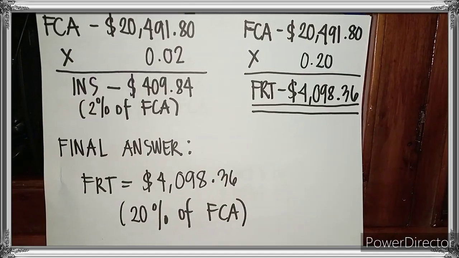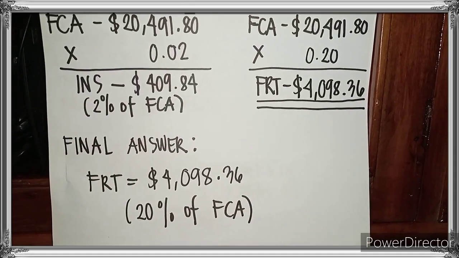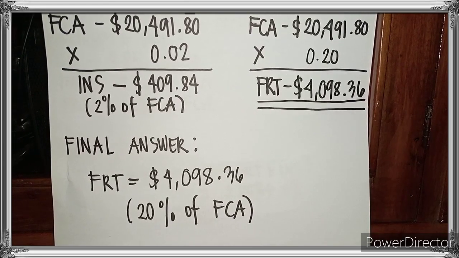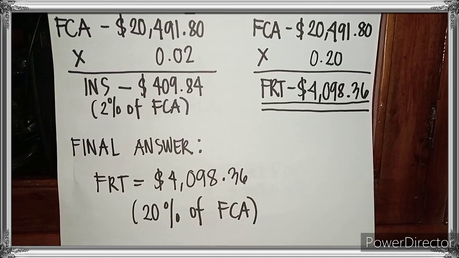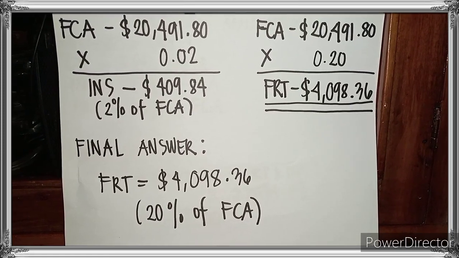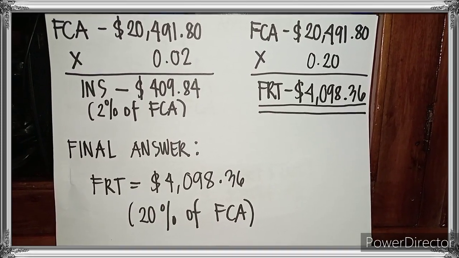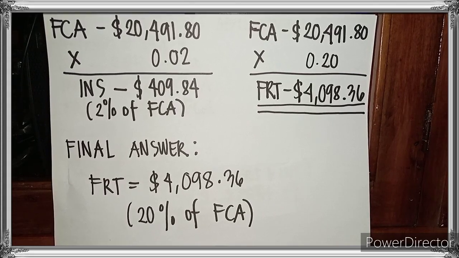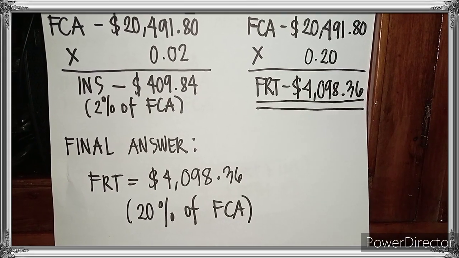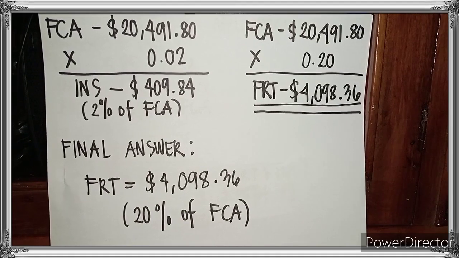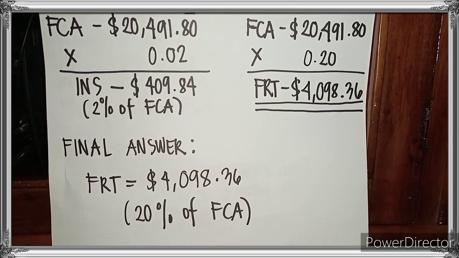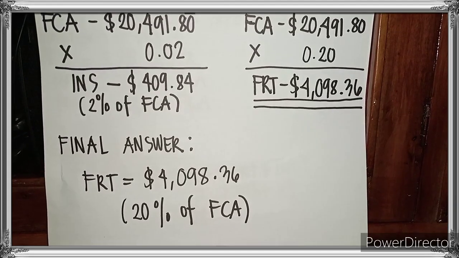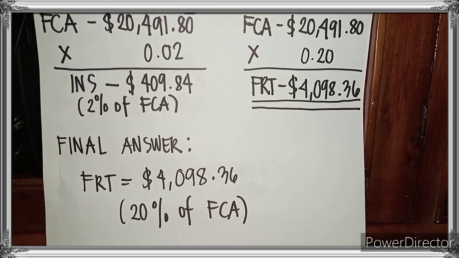In order to get the insurance and freight, we first need to get the FCA. That is what we had earlier. And then we proceed with getting the insurance and freight. The FCA that we got is $20,491.80 multiplied by 2% of the FCA.